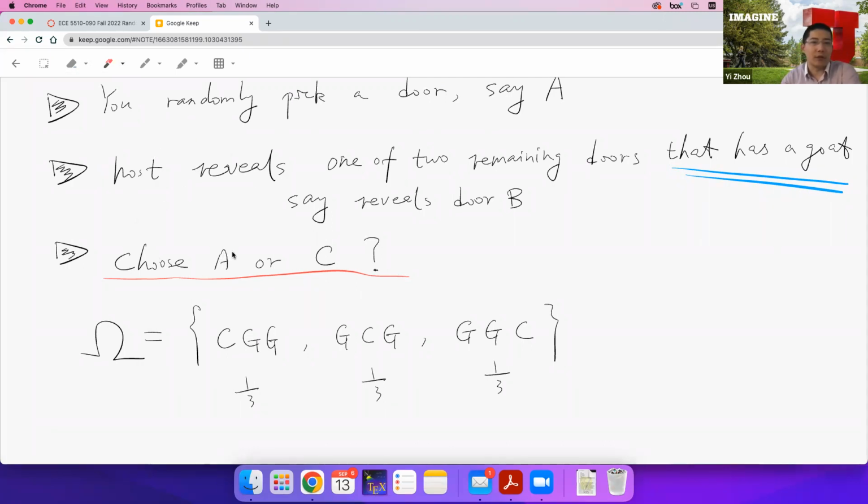So here, in order to decide to pick A or C, we just need to compute the probability that A has a car, given that B has a goat, and compare with the probability that C has the car, given that door B has the goat. Because this event is revealed by the host, so we know that door B has a goat.